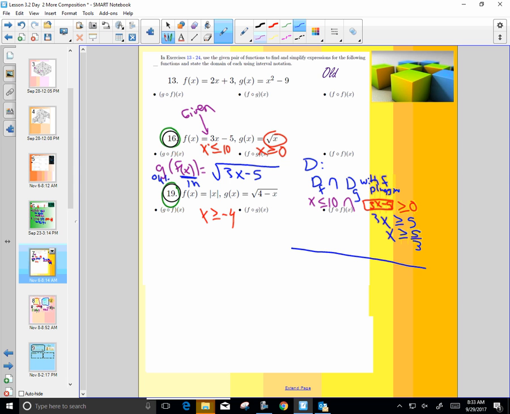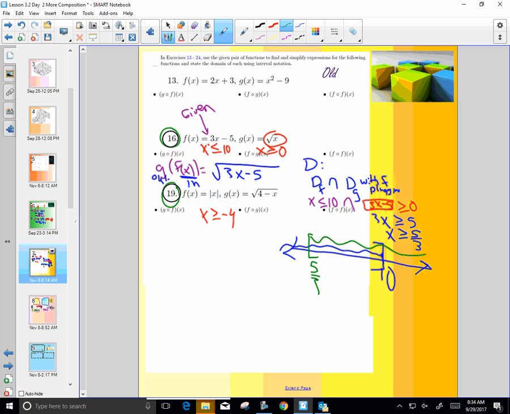Now I draw a number line, and I say, okay, x is less than 10 or equal. And then I draw a number line, x is greater than or equal to 5/3. And then I look at where's the intersection of those two. 5/3 and 10.